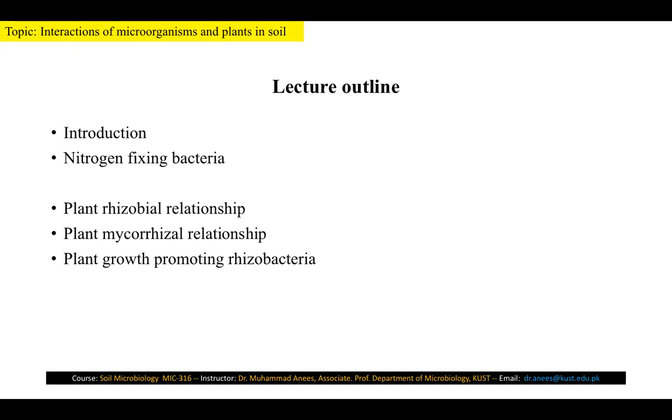These are different types of microorganisms which are beneficial to plants. They give different kinds of benefits in terms of yield or production. Another kind of relationship between plant and microorganism is the pathogenic relationship.